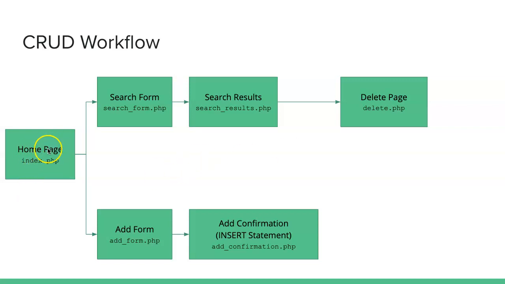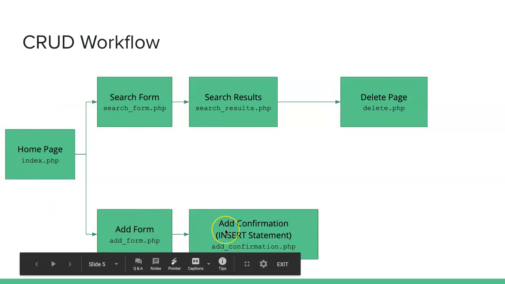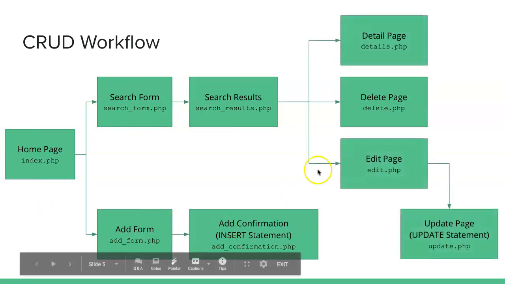We're going to start with a new page called index.php. It's going to be the home page, and it's going to allow users to do two things. Either they can search for the song they want, and then we see some details, or they can simply add a song. There you go, there's my detail page.